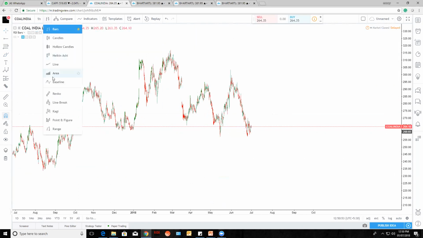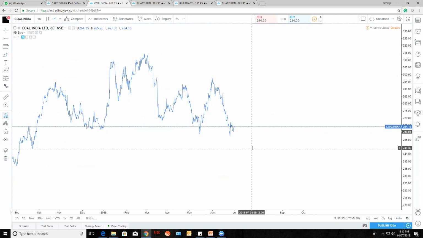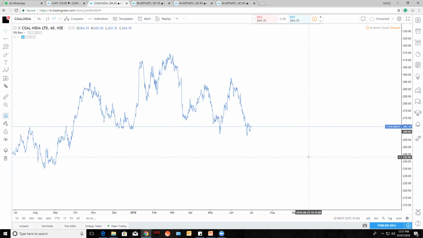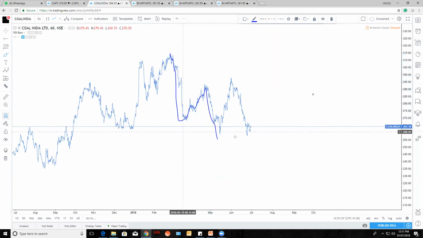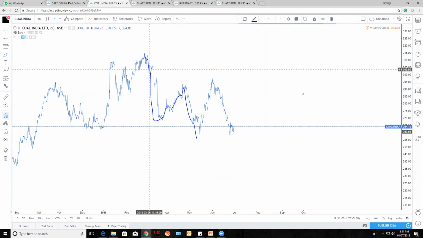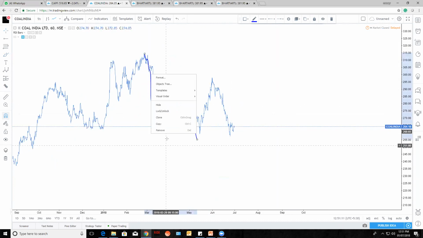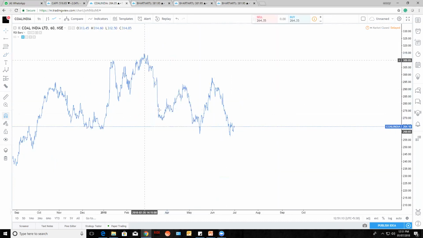See, if I make it a line chart, you will be able to see the waves clearly. Now you see this part. Let's take from here to here and here. It is like a zigzag correction. Why am I saying it is like a zigzag correction? See whether the rules are applicable here. It might be a 5-wave structure or a leading diagonal. So it's a 5-wave structure.